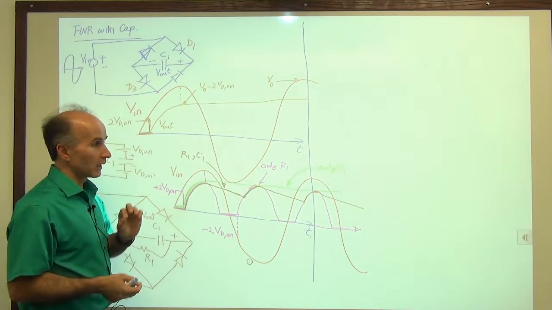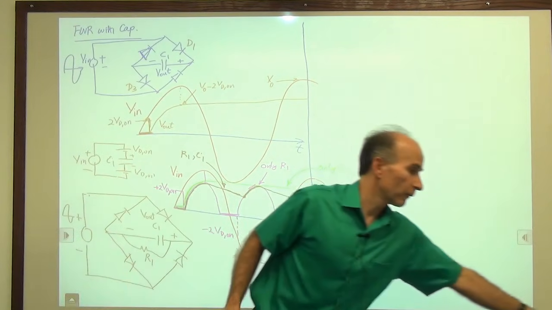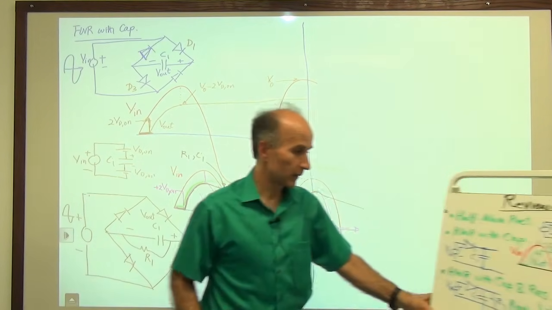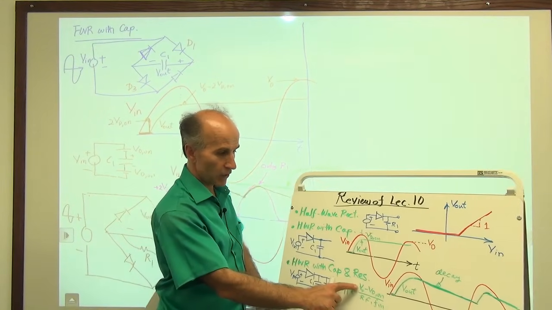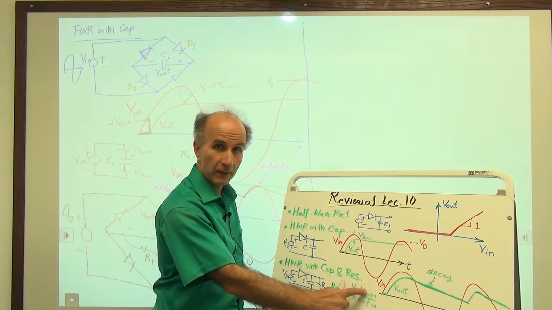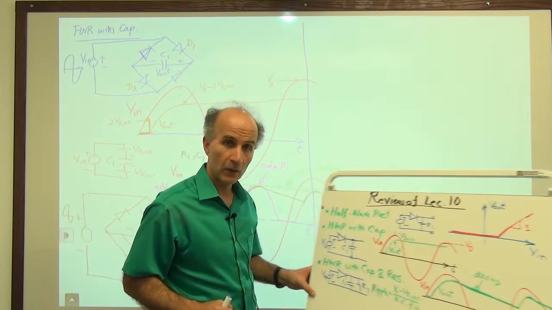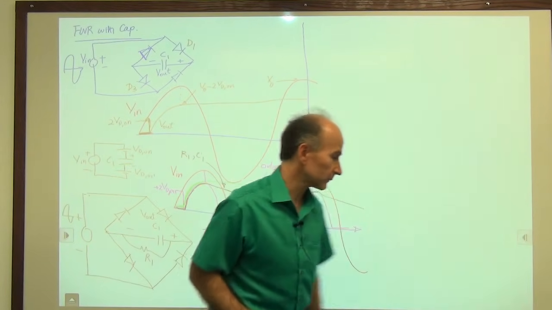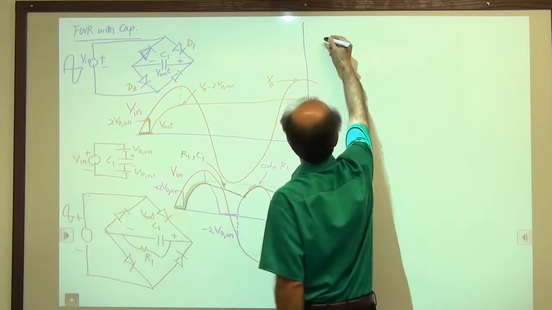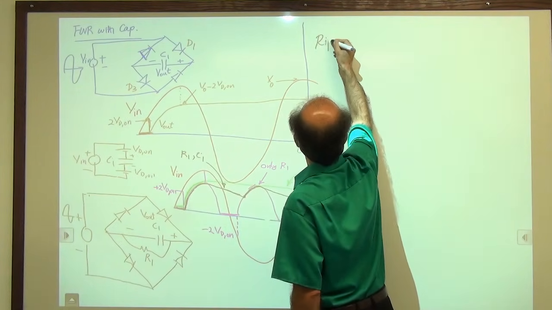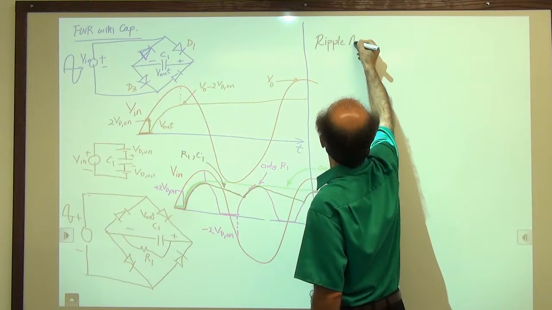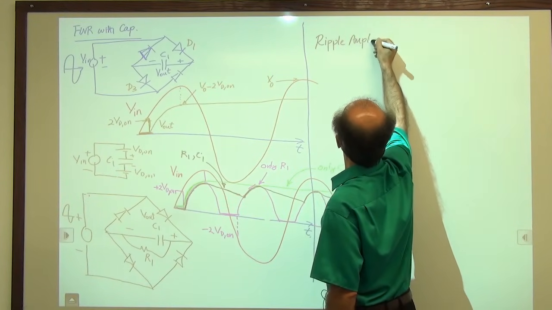All right, so if you go back to the equation that we had for the ripple, this equation had V0 minus VD on it, and then it had R1 C1 F in. So what has changed here? Let me write the ripple amplitude. This is peak-to-peak amplitude.